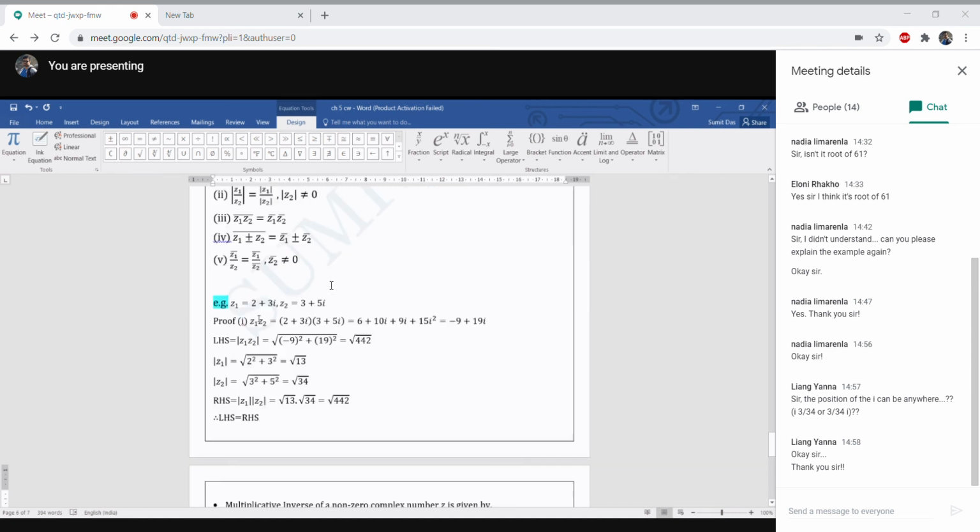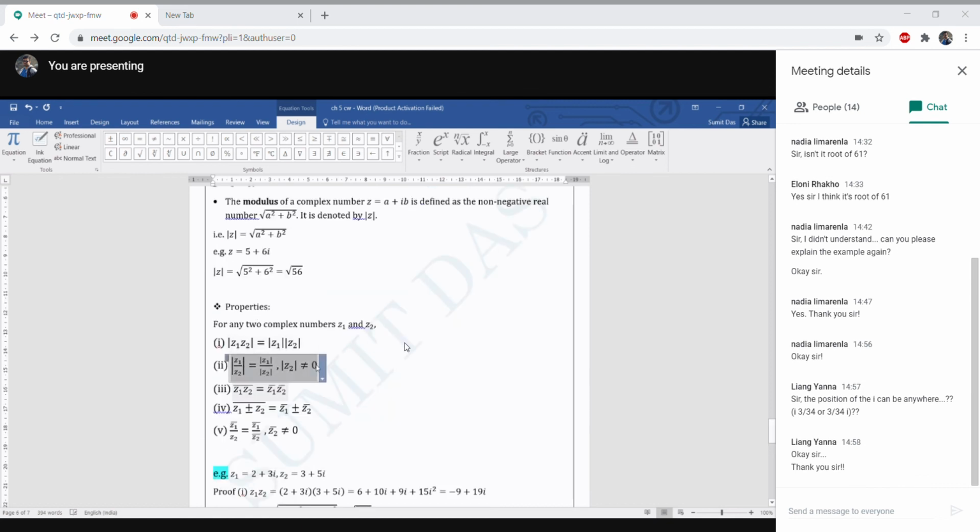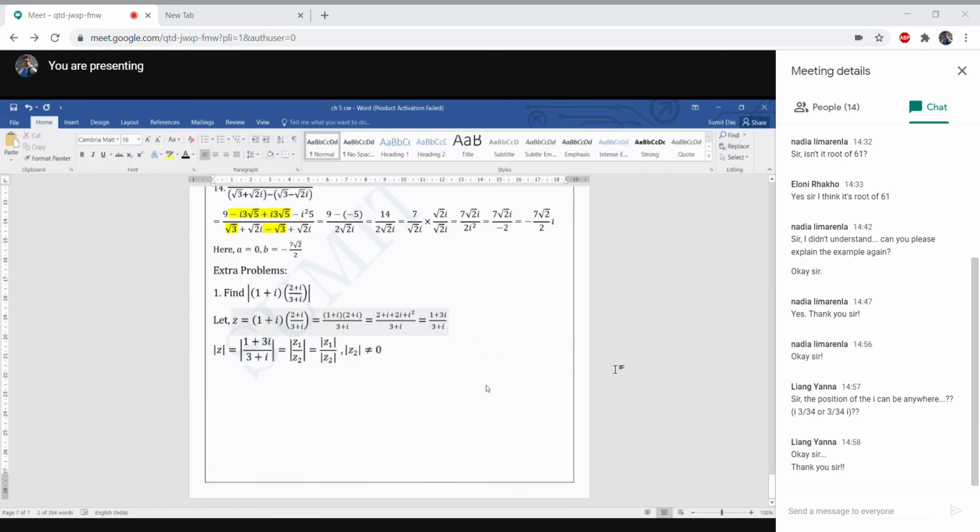So mod z will be modulus of 1 plus 3i divided by modulus of 3 plus i, which is equal to the square root of 1 square plus 3 square divided by the square root of 3 square plus 1 square.